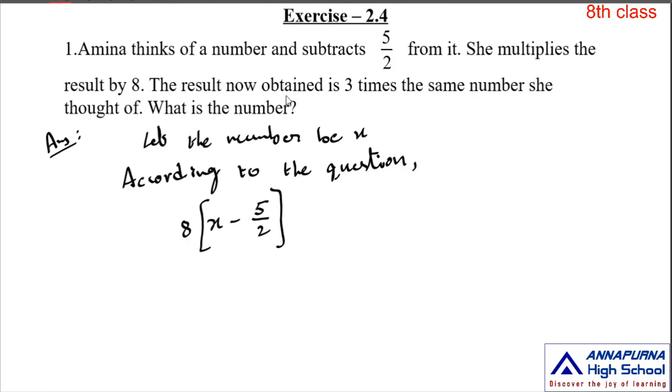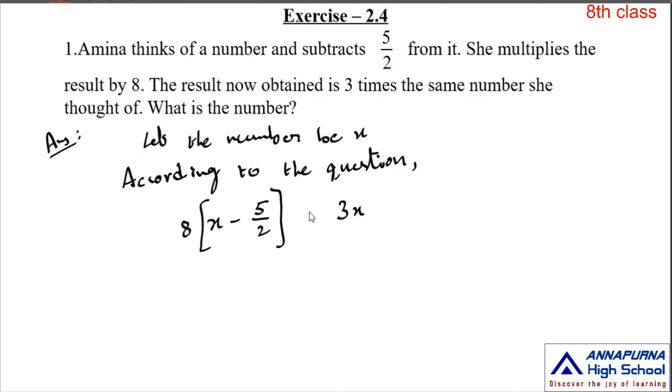The result now obtained, that means 8 into x minus 5 by 2, is 3 times the same number she thought of. 3 times the same number. At the beginning, what is the number? x. So what is the 3 times of this number? That is 3x.